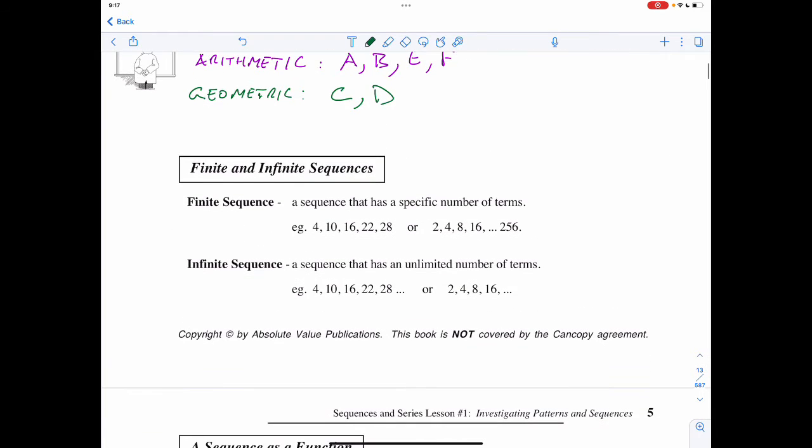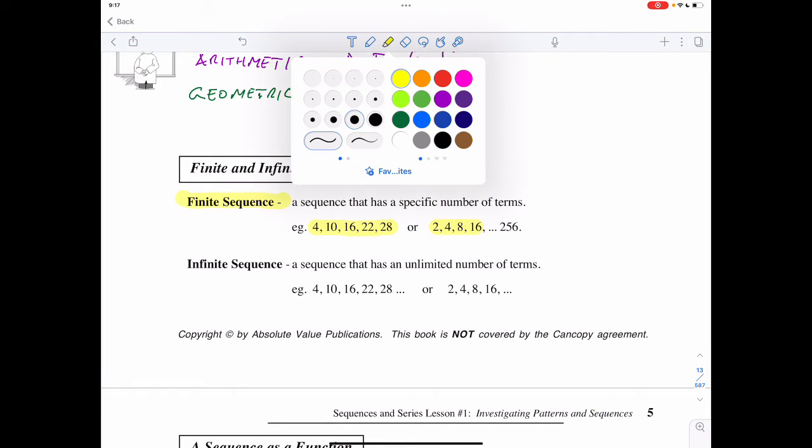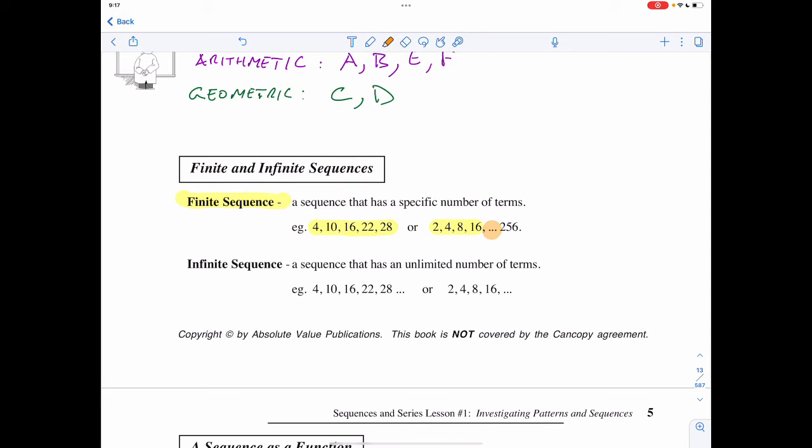We can also have what's called a finite sequence, which means that it has an endpoint, and that's always listed where either all the numbers are listed, or it will show you a certain set of the numbers to show the pattern. It will include an ellipses to say that there's more numbers that existed in between but kept the pattern going, and then it will state a final number at the end, which means that those are all the numbers that exist within that sequence.